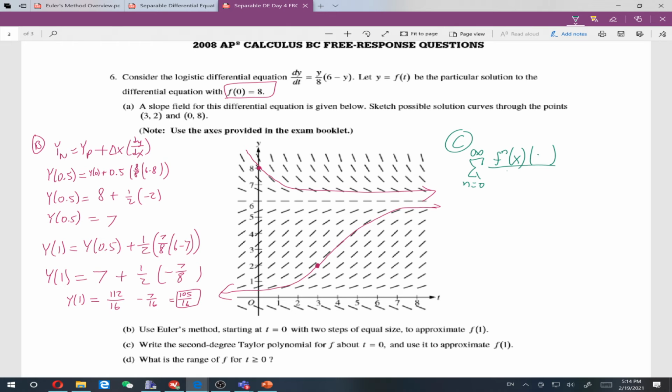X of n minus 1. Oh, and just n, right? Over n factorial. Factorial, okay.